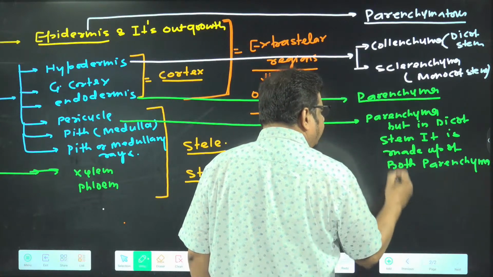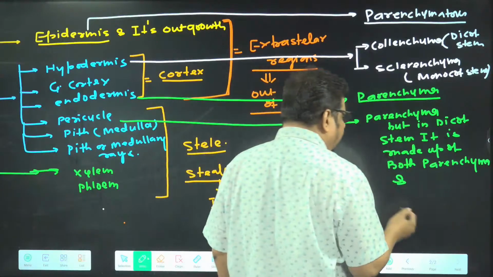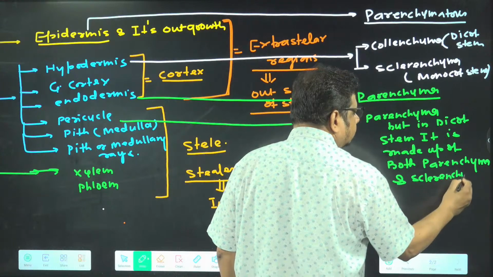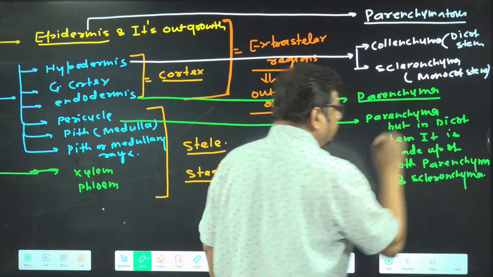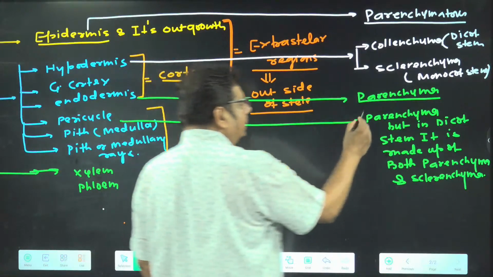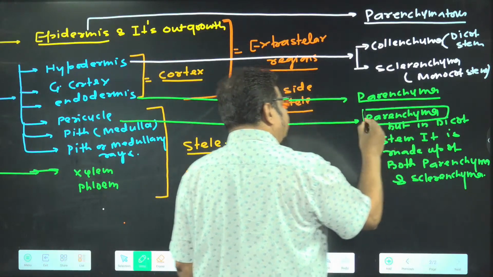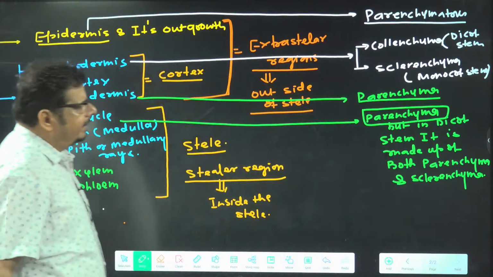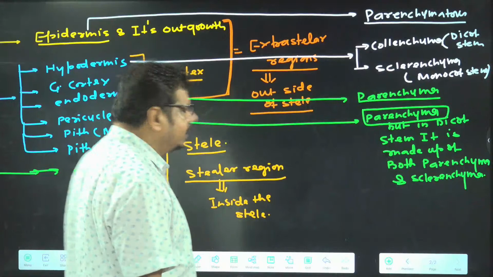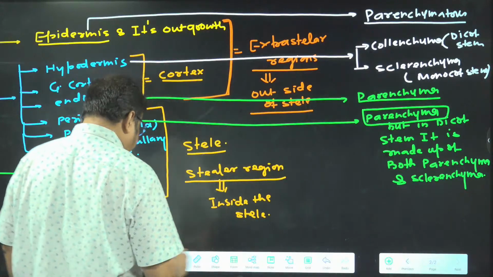I will draw the diagram when I teach you this today. Is it clear? It is parenchymatous, but I wrote a condition. In dicot stem, it is made up of both parenchyma and sclerenchyma. Is it clear? So about pericycle, it is over.